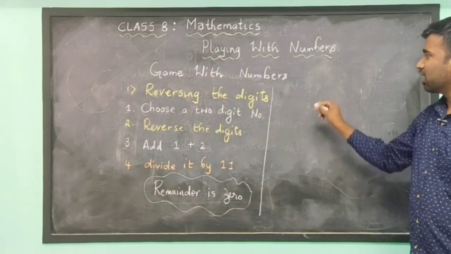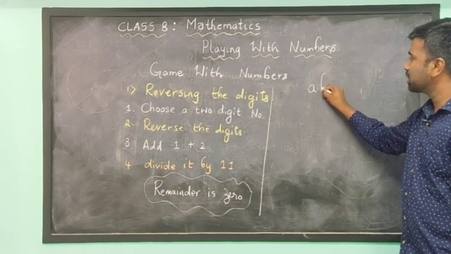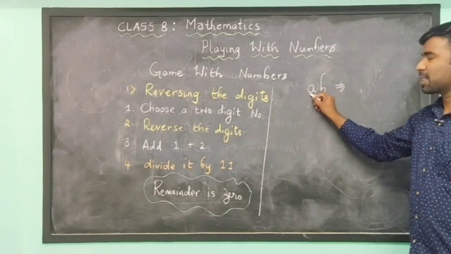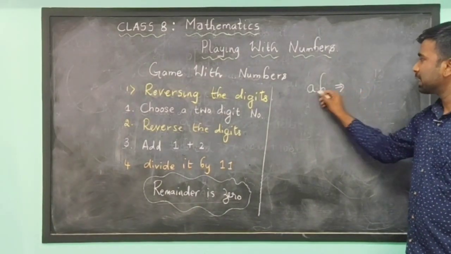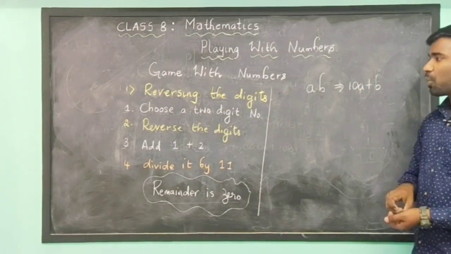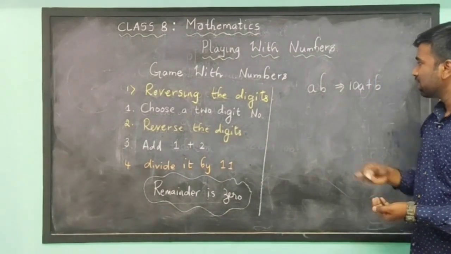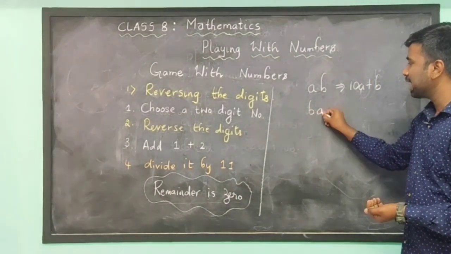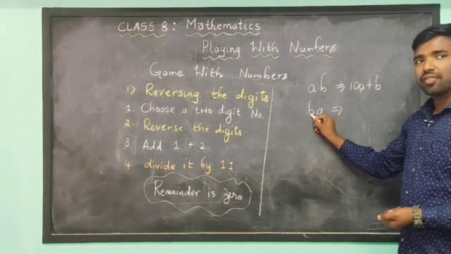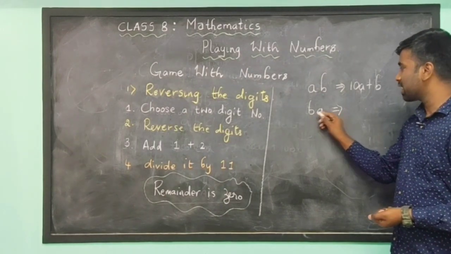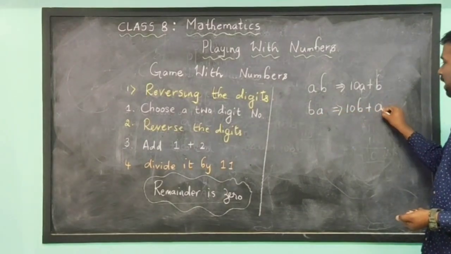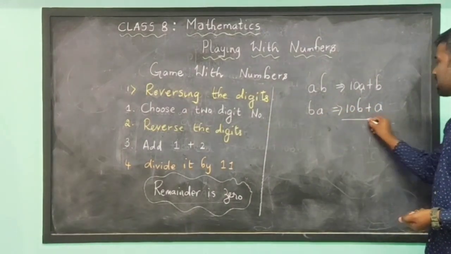Students, in general, I'll take the two-digit number as AB. Expressing this number in general form, 10 times A plus 1 times B. Now the next step is, reverse the digits, that is BA. Now in place of tens we have B, in place of ones we have A, that is 10 times B plus 1 times A. The third step is add these numbers.